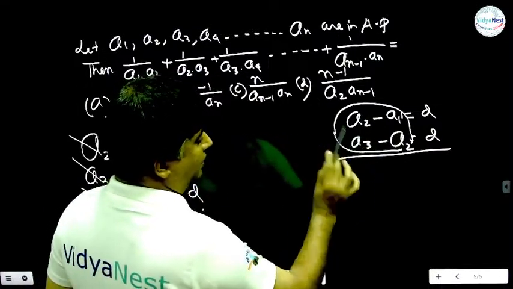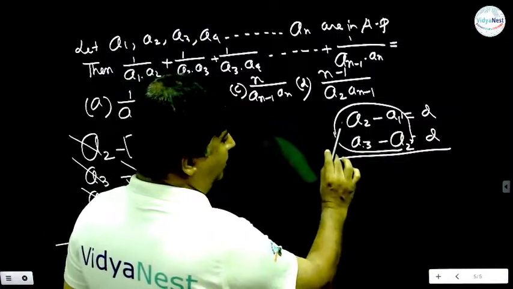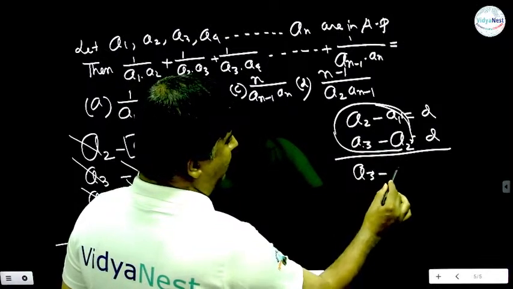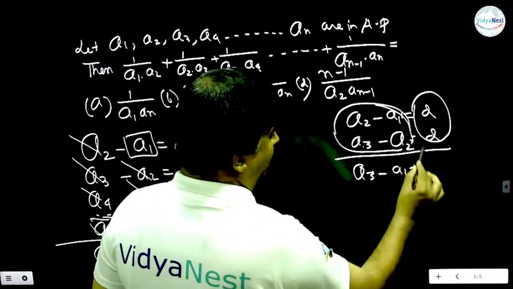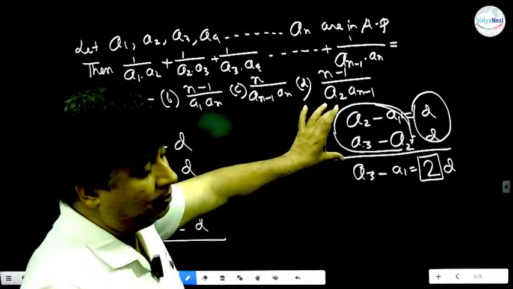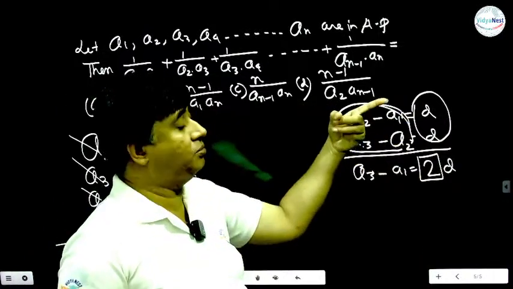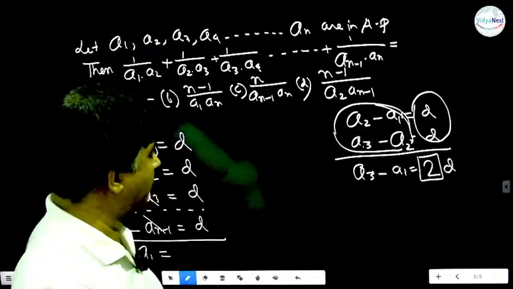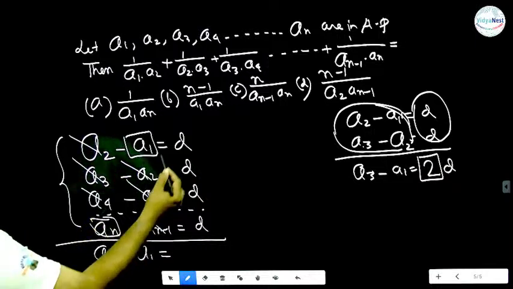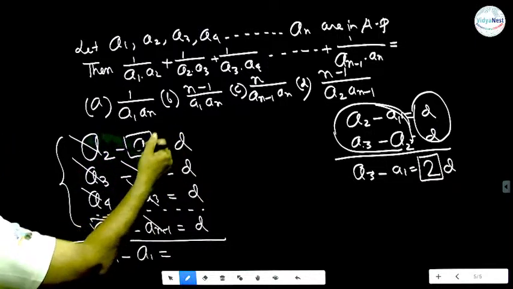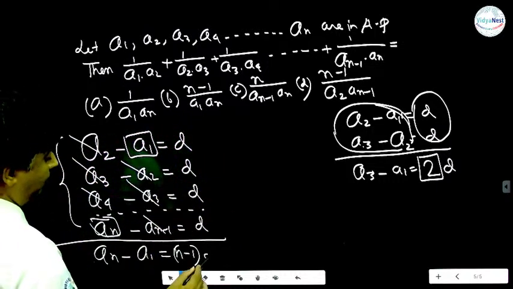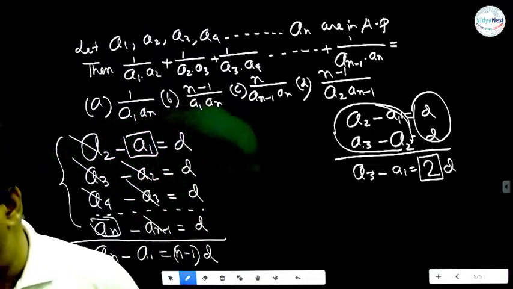A1, A2, A3, that is also A2. So once you add these 3 elements, you will get A3 minus A1, but the summation will be 2d, not 3d, reduced by 1. There are 3 elements involved, but when you sum up, you get 2d. Yes or no? Yes, sir. So there are n elements involved, but when adding horizontally, I will get n minus 1 into d. n will be reduced by 1.